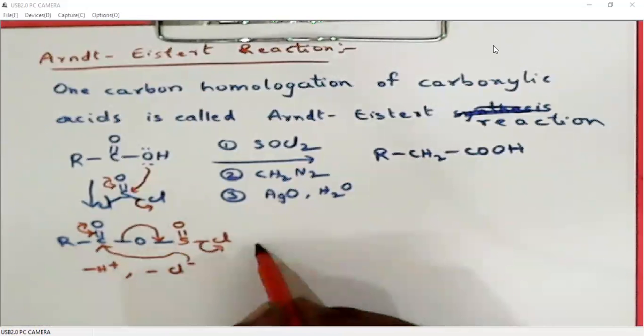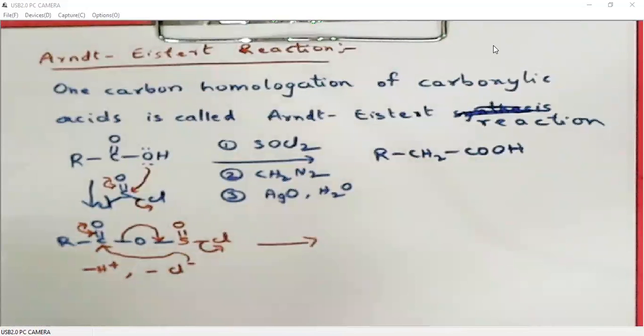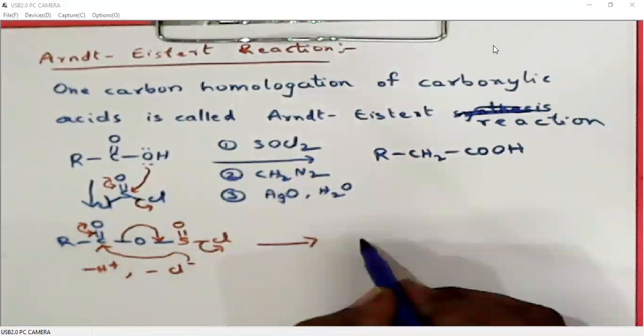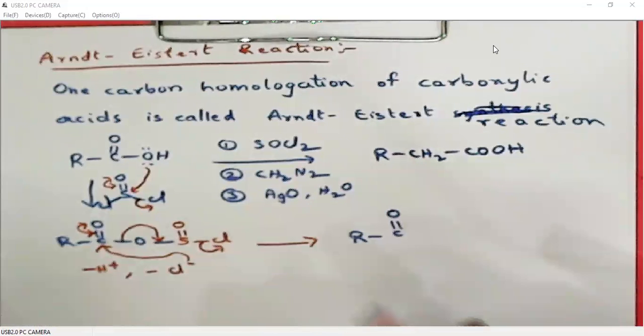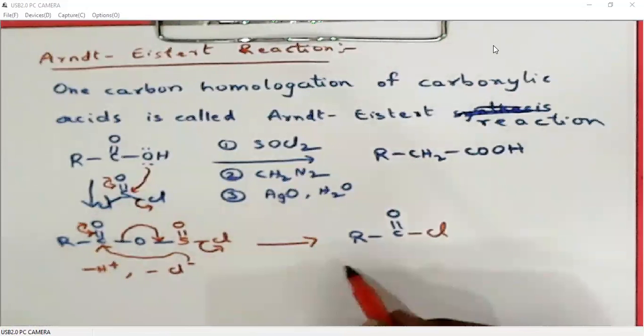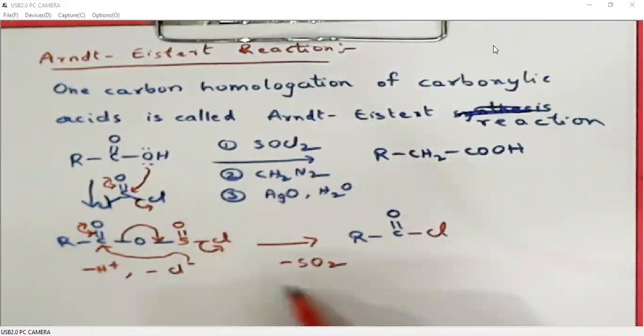Cl minus will be leaving. So here the product is RCOCl. So this is the acid chloride. This is how we generate acid chloride here. Sulfur dioxide is leaving, and again one more Cl minus is leaving.